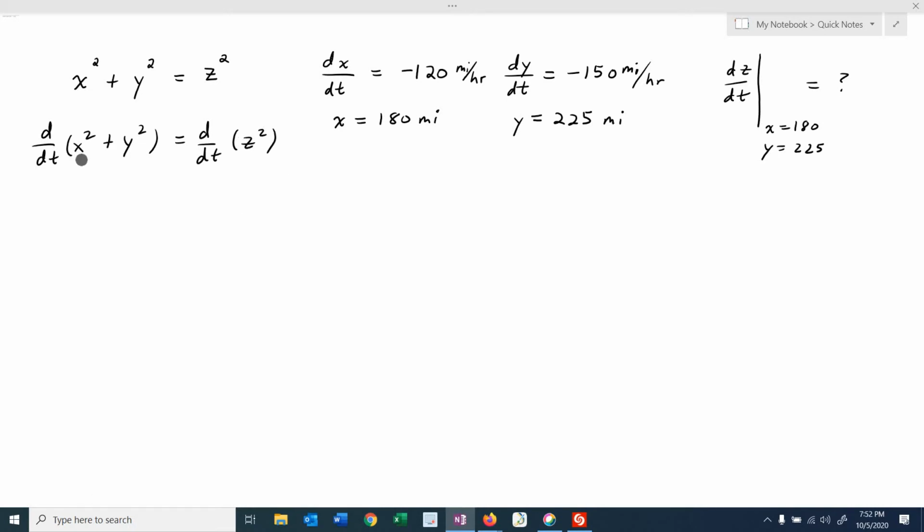Of course, this derivative you can find by finding the derivative of the first term and adding it to the derivative of the second one, because you're allowed to break up the derivative operator across addition.